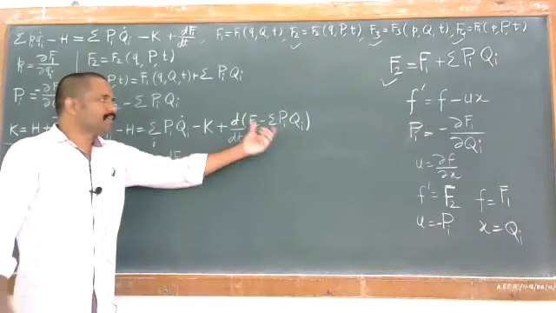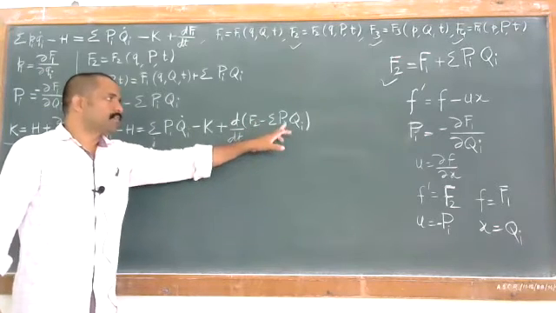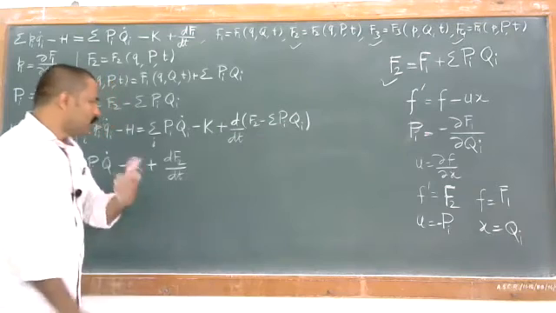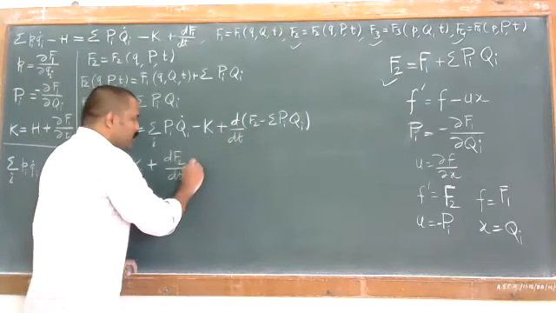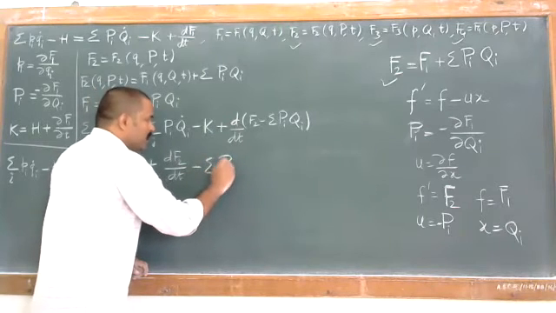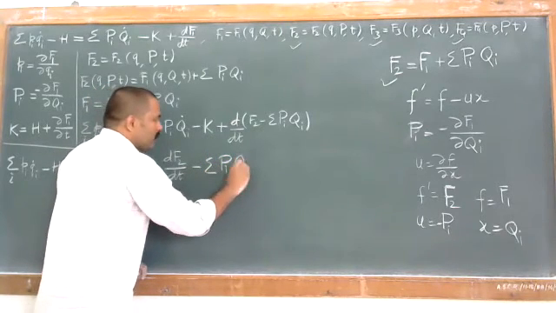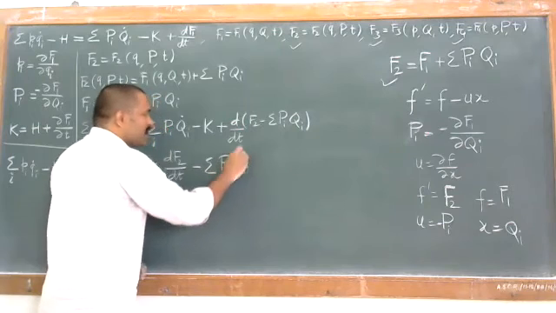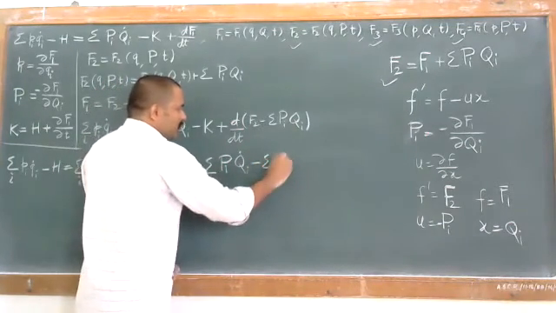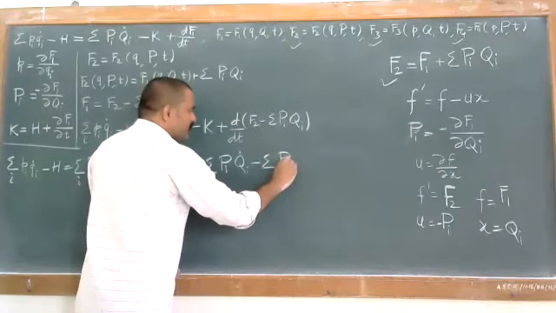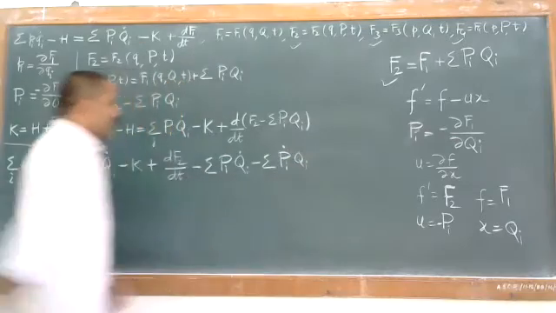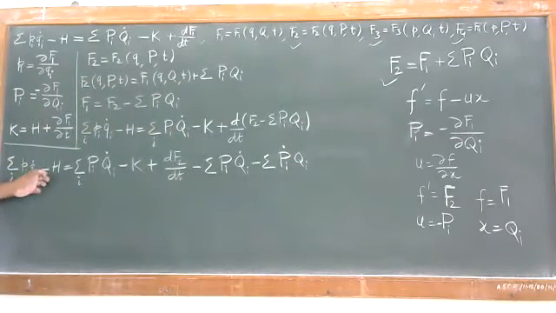And the second thing is differentiation of this pi into qi dot, p into q, u into v. So we'll have that two things with a negative sign. So I'll write minus summation, पहिली टर्म आहे तशीच, ओके, दुसऱ्या टर्मचा डेरिव्हेटिव्ह, सो qi चा डेरिव्हेटिव्ह qi dot minus the derivative of the first term, that is pi dot, and the second term as it is. So we'll have this condition.